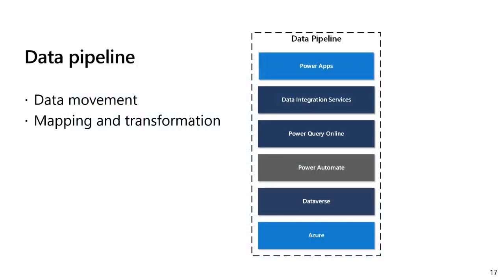So the data pipeline gives us the ability to handle data movement. So essentially it's the integration piece that provides that communication mechanism between the different systems that we're talking to. The mapping and transformation is provided by Power Query. We saw that briefly when we were looking at the BigCommerce connector. It gives you the ability to transform documents.